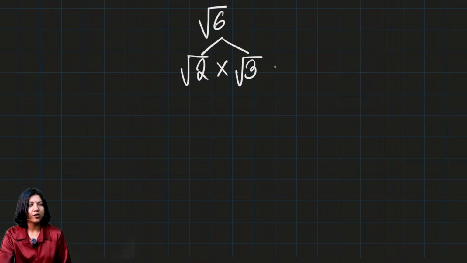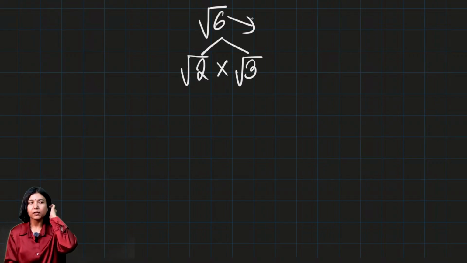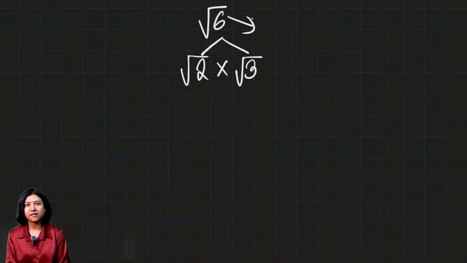So logically 6 is not a square number, and there does not exist a number that multiplies with itself to give you 6, so it is irrational.